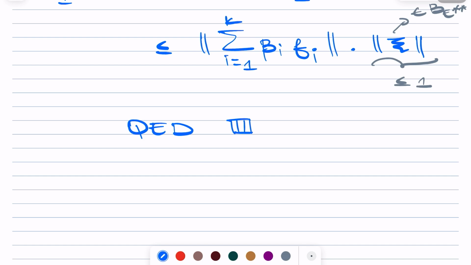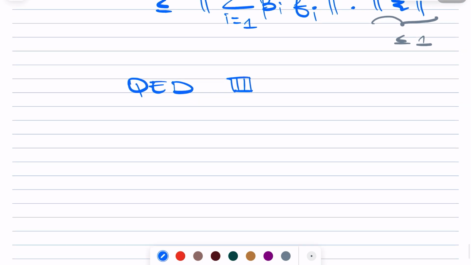Good. So before going back to the proof of Kakutani's theorem, the reverse side, let's have a remark first.